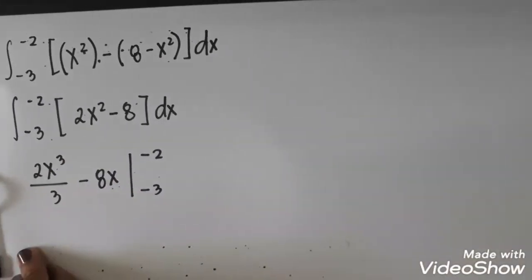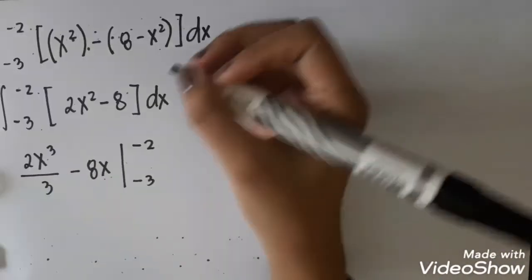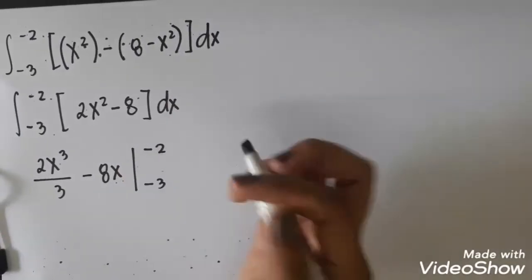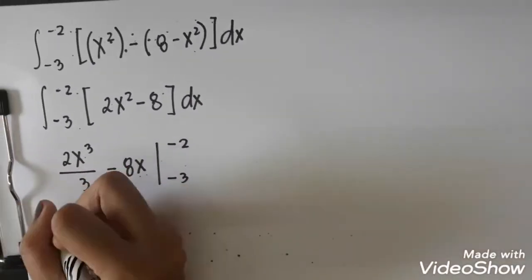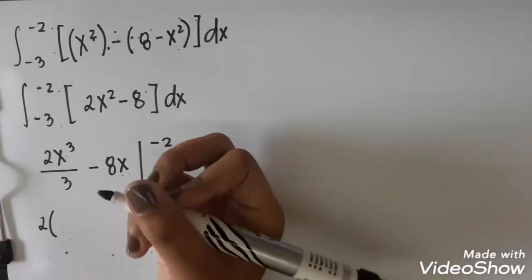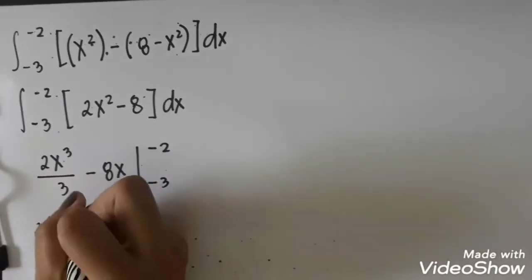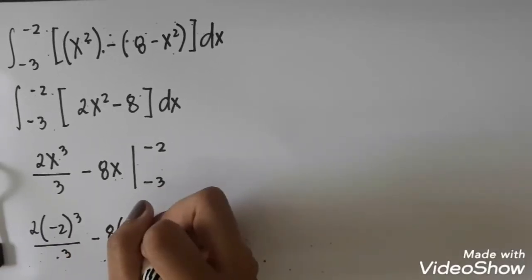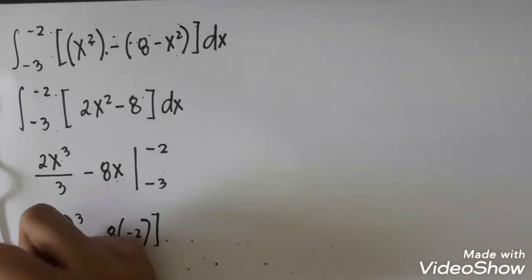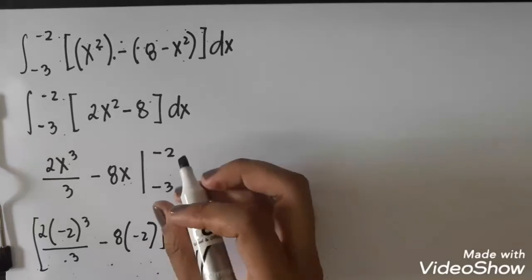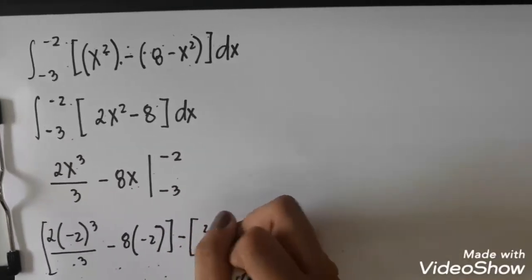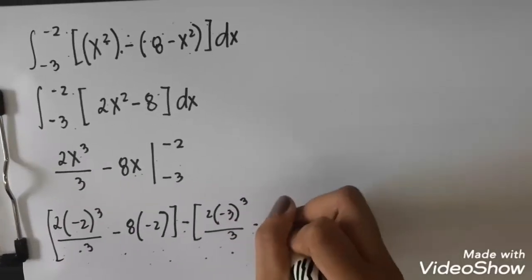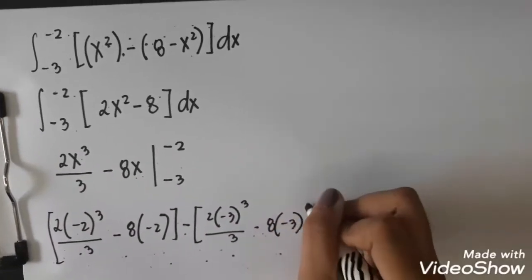So let's plug in the values. Always remember to subtract it from the upper limit down to the lower limit. So 2 times negative 2 cubed over 3 minus 8 times negative 2, minus the lower limit, 2 times negative 3 cubed over 3 minus 8 times negative 3.